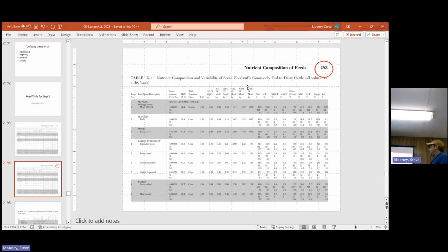So we just have one feed up in that first row. We have alfalfa. You have its Latin name, and then you have alfalfa meal, the subtype, 70% crude protein, and then the information related to that. If you skip down to bakery byproduct, there are 4 subcategories under that heading.